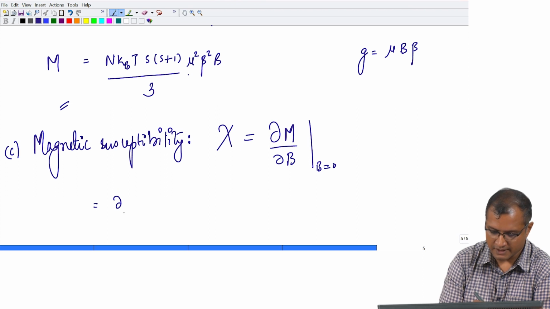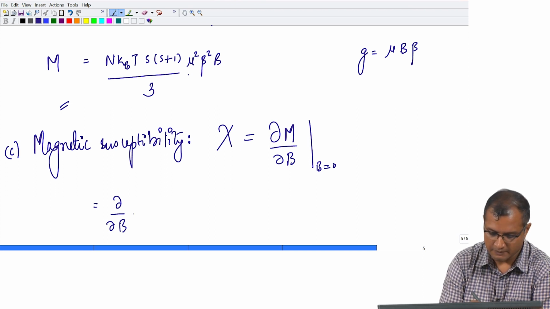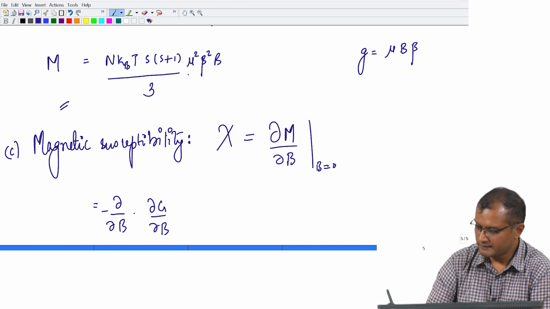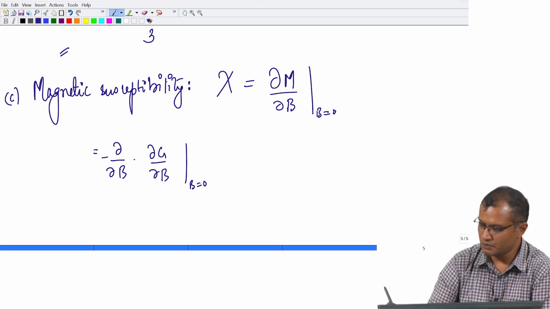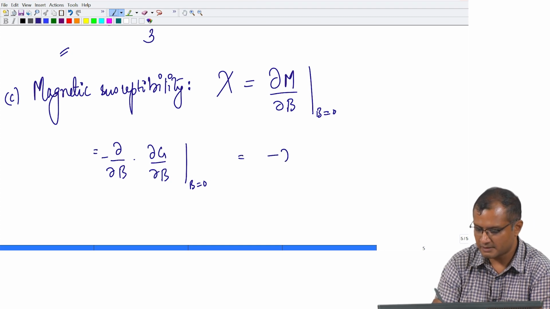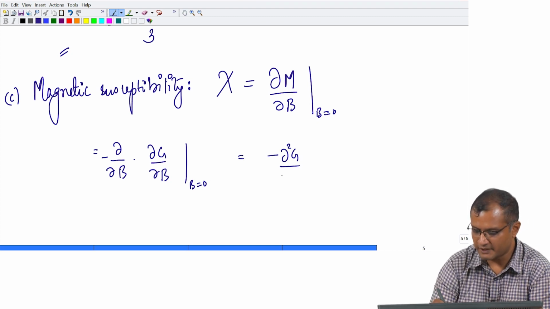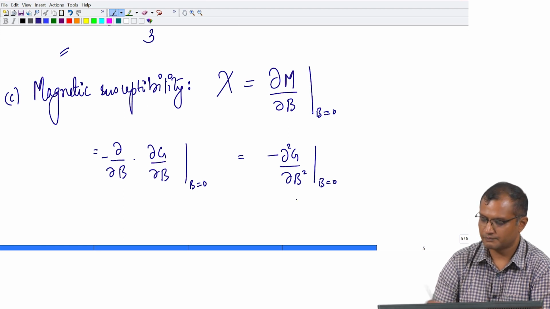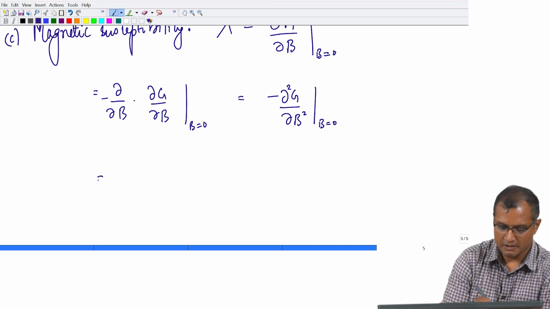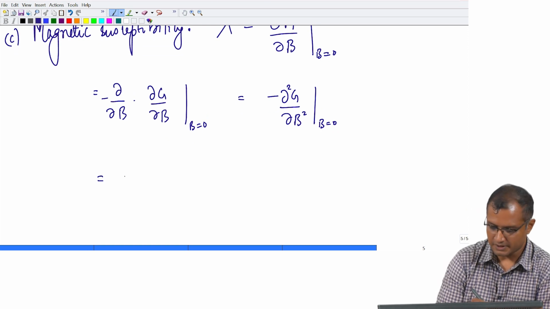So, I can write this as d over dB, and m itself is minus dg over dB, at b equals to 0. So, basically what I am going to do is nothing but minus the second derivative of free energy with respect to field at b equals to 0. Okay. Either way you will get the same result.